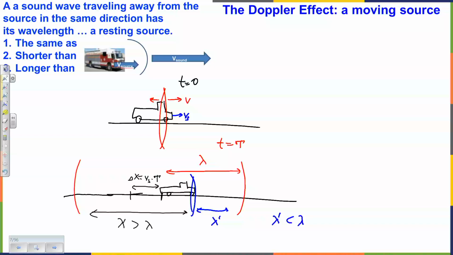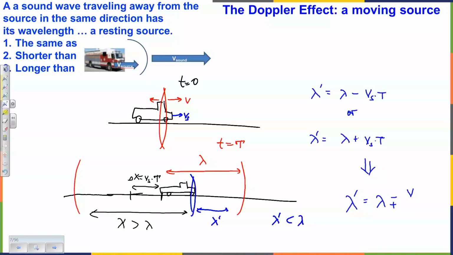So in this situation, the new wavelength will be old minus or old plus this product. So this is how we usually write it, minus or plus, and that's supposed to be this.